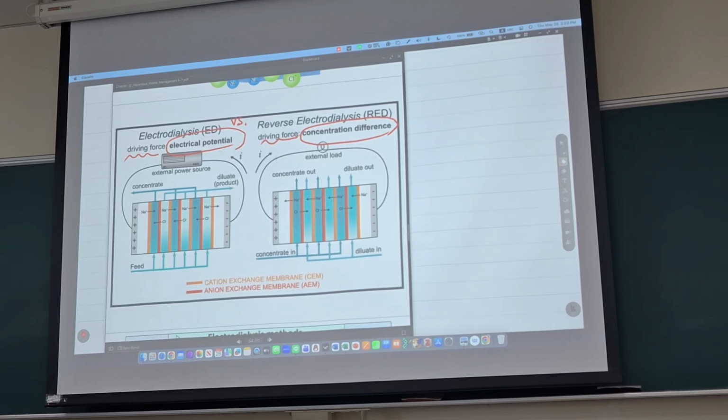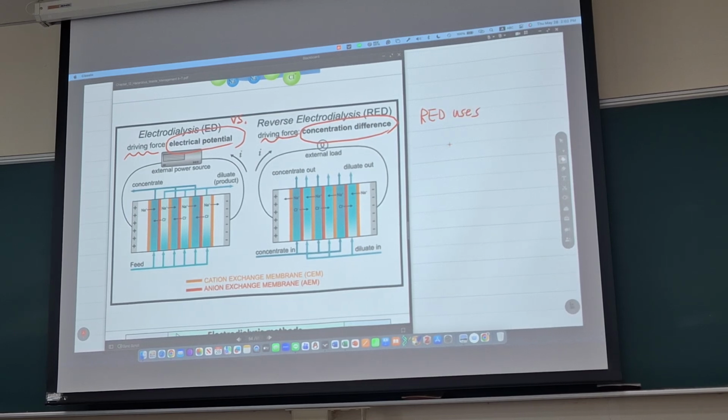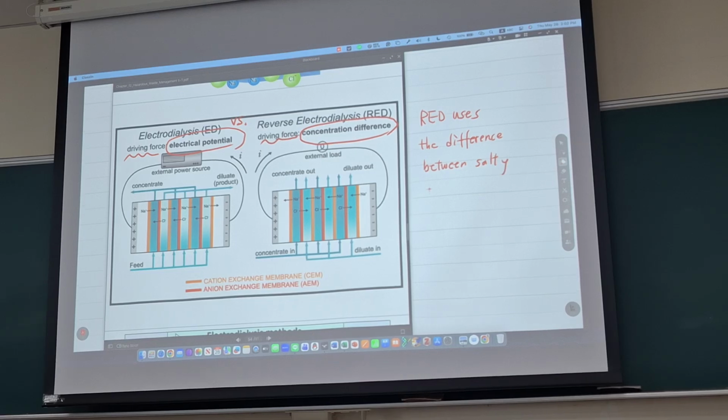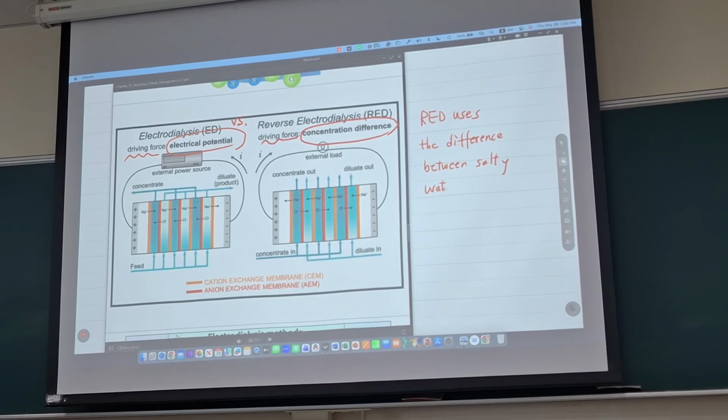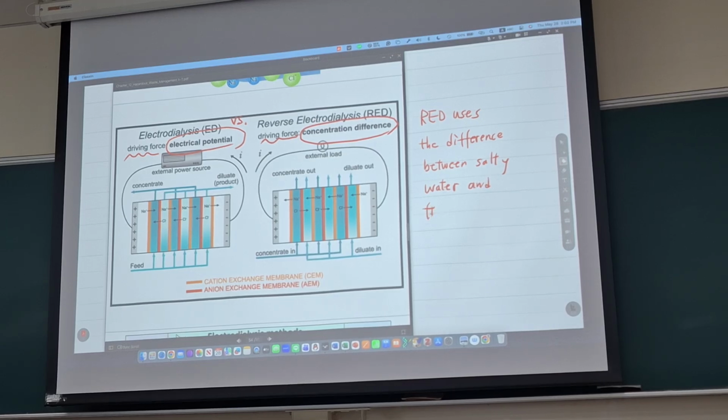RED uses the difference between salty water and fresh water.